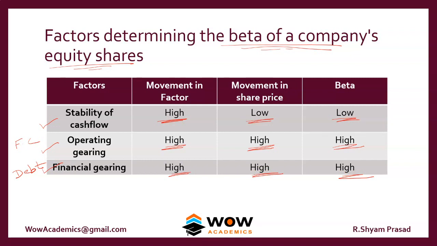So this will tell you an indication of how these factors also contribute to the beta, right? That's why if you take a supermarket which has a high stability of cash, low operational gearing, low financial gearing, will have a low beta.